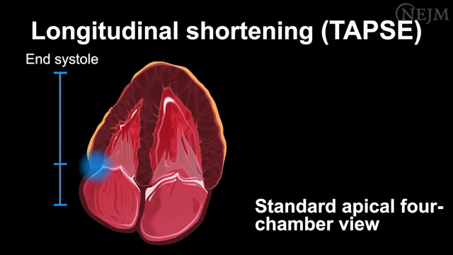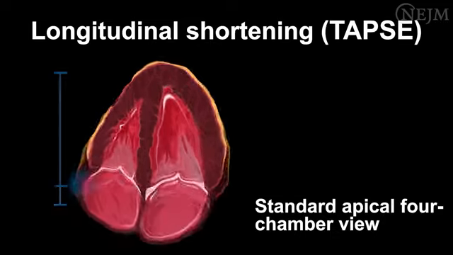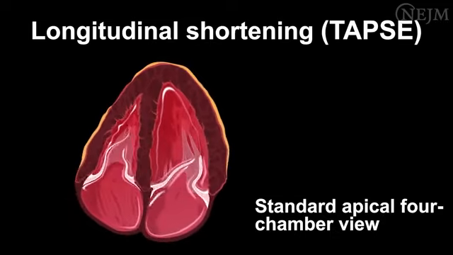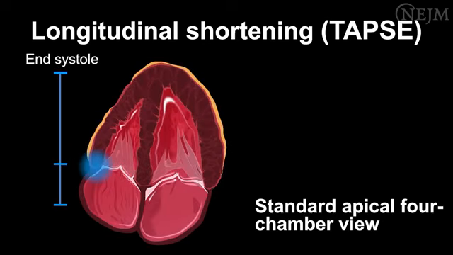A difference of at least 2 cm indicates normal right ventricular systolic function, whereas a difference of 1.5 cm or less suggests reduced function. Alternatively, in patients with normal left ventricular systolic function, right ventricular longitudinal shortening can be evaluated by means of comparison with left ventricular longitudinal shortening.